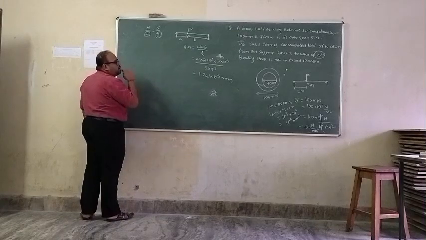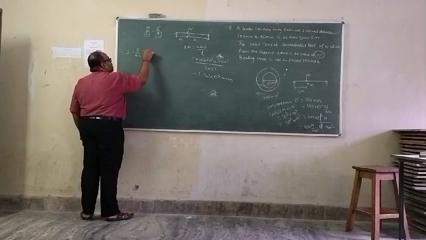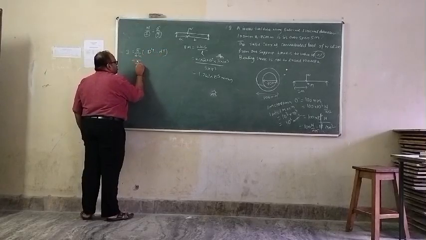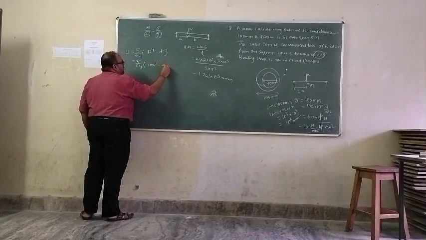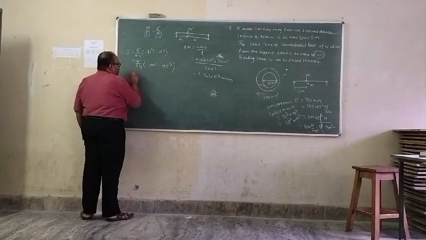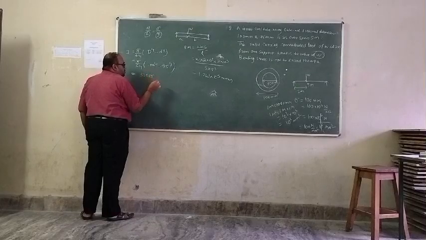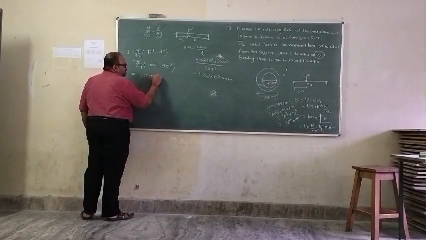And I will be pi divided by 64 multiplied by D power 4 subtract d power 4. I can place here pi divided by 64 multiplied by D is 100 power 4 subtract 75 to the power 4, and the value is coming 3355 mm power 4.